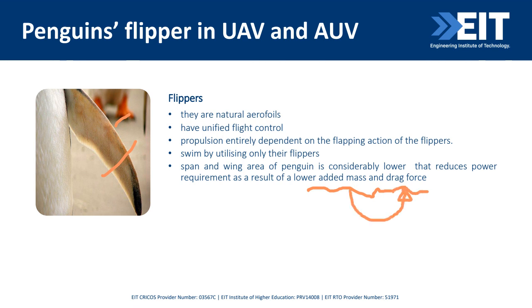I don't want to go into detail on that, but they have an aerofoil-shaped wing. Therefore we were planning to mimic it and see how our penguin flipper performed compared to the NACA wing, which is already established.